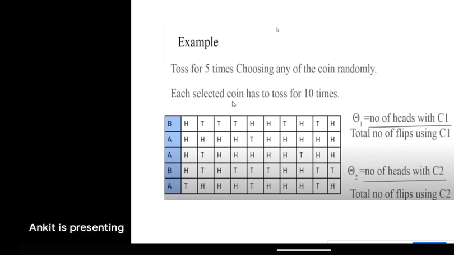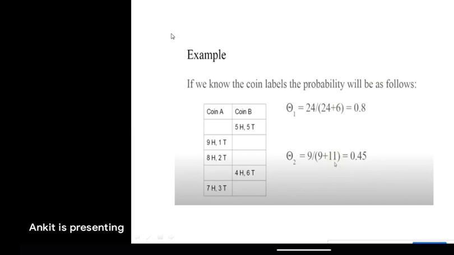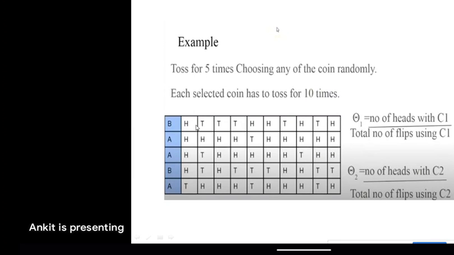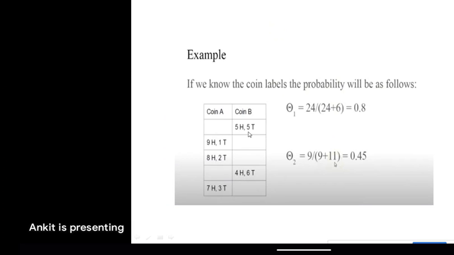As you know, this is a table here, and we make a separate table, coin A and coin B. In the first attempt for coin B, we have 5 times head, 1, 2, 3, 4, 5, and 5 times tails. So we mention here 5H, 5T, right?